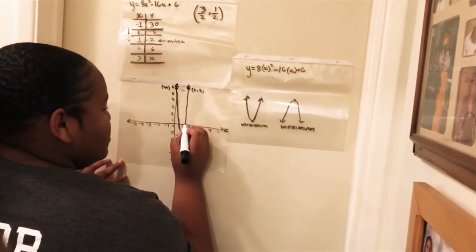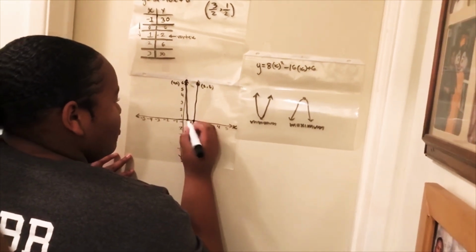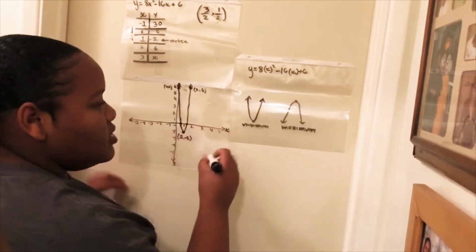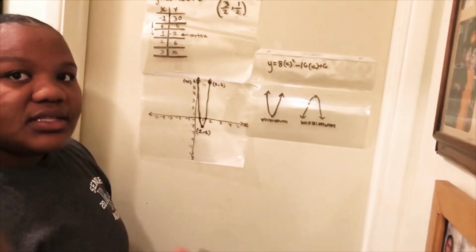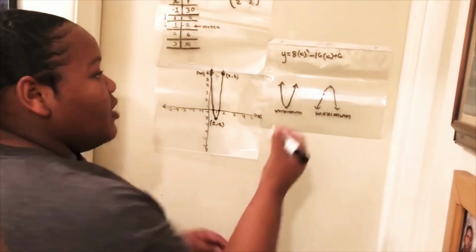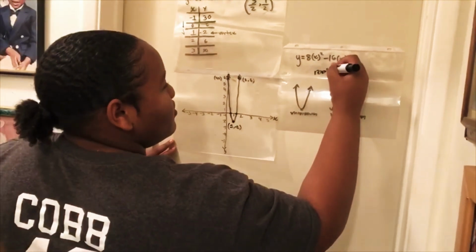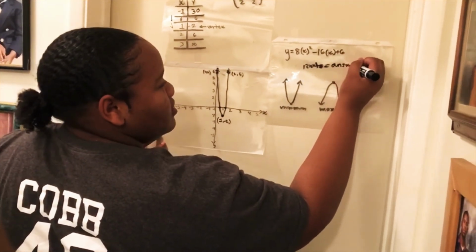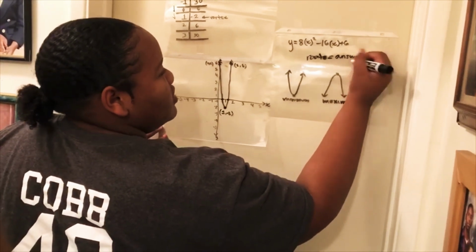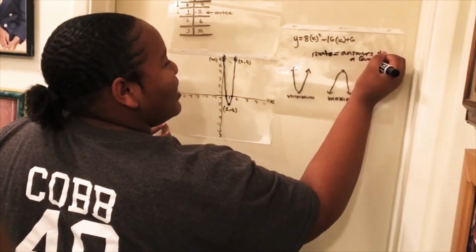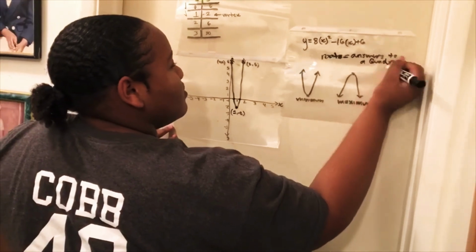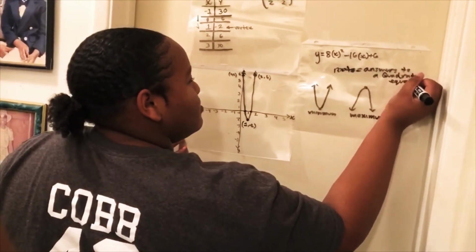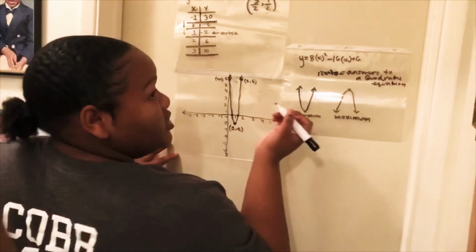And right here, these two points, where the parabola crosses or intersects the x-axis, are the roots. And roots are basically the answers to a quadratic equation, or the solutions.